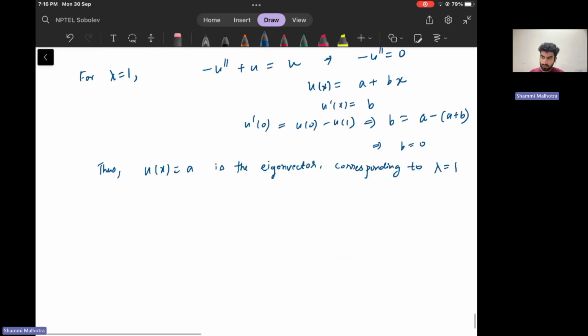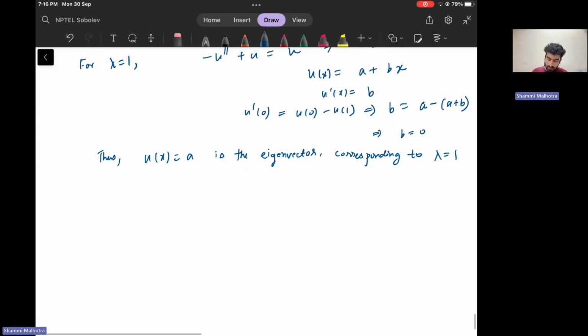So now we have to consider the case when my lambda is greater than 1. Again, the problem is nothing but a second order linear ODE, and that one can solve.